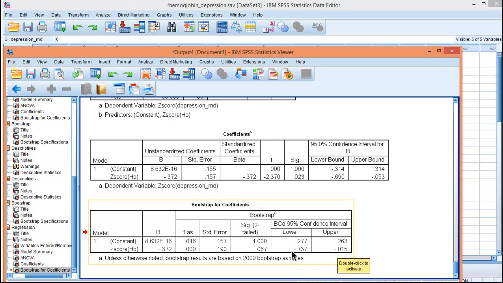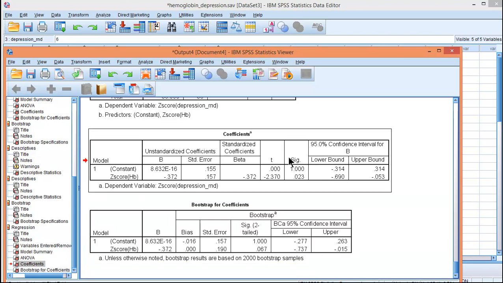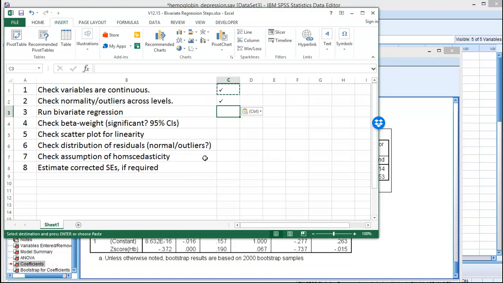Both of them are on the negative side, which supports the idea that there's a statistically significant effect here. I would ignore this one because this is not bias corrected. I would trust more the bias corrected accelerated in most cases. And again, I would ignore the normal theory stuff, because the data are not sufficiently normally distributed across both variables in the same way.